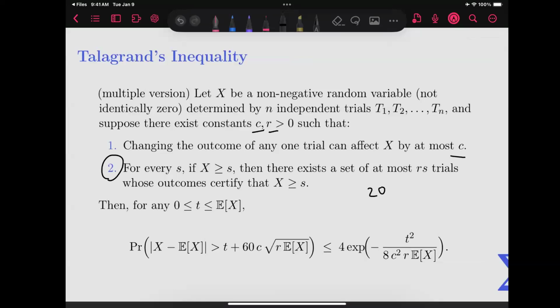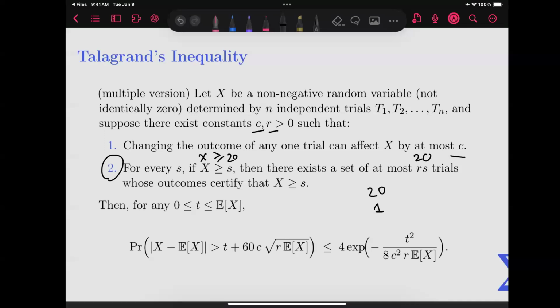You have to see the result of the first 20 to actually guarantee that your value of X will be bigger than 20. In that case, our r is going to be 1. If X is bigger than 20, then there exists a set of at most 20 trials that you have to see to guarantee that X will definitely be bigger than 20.